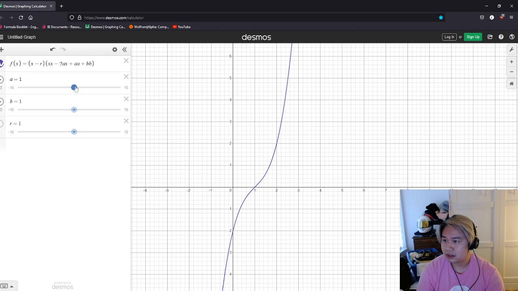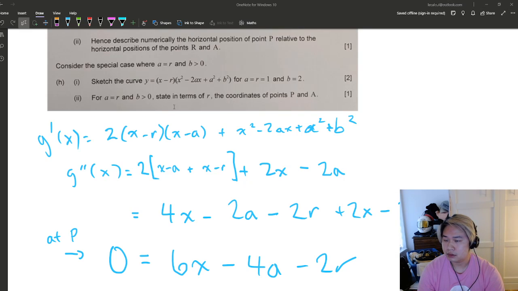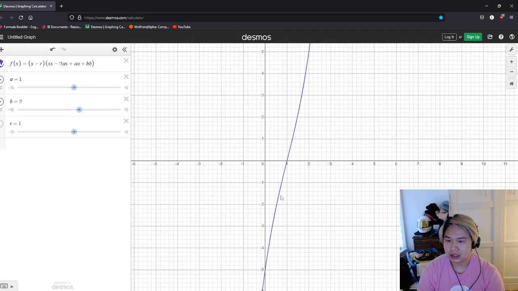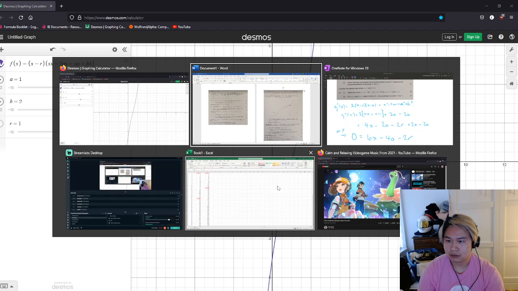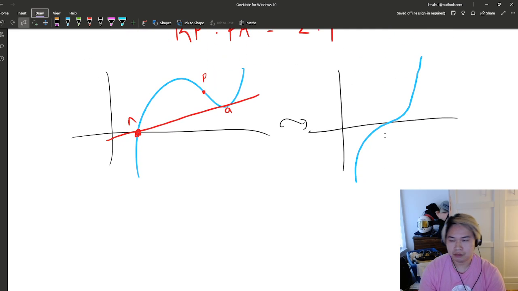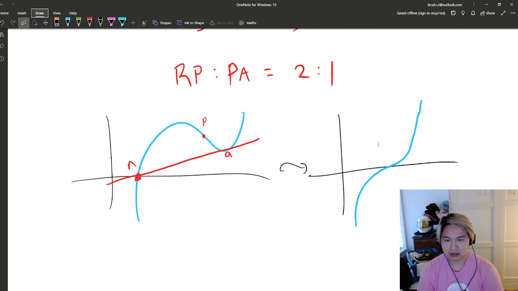And then A is 1, R is 1, and B is 2. There you go. Which is more or less what I drew. And then we know that this is at 1, of course.